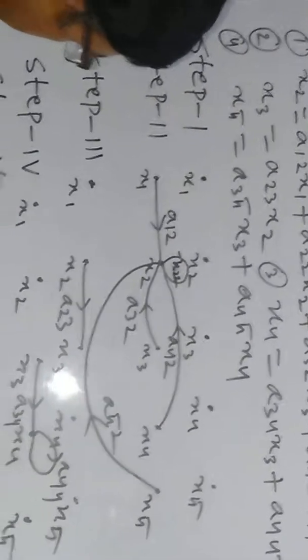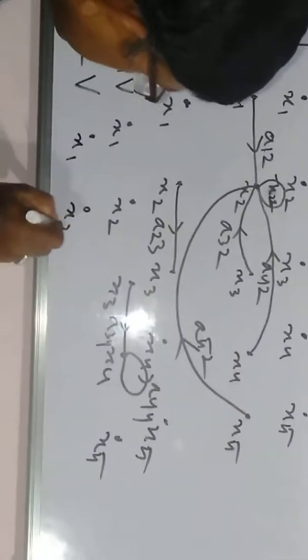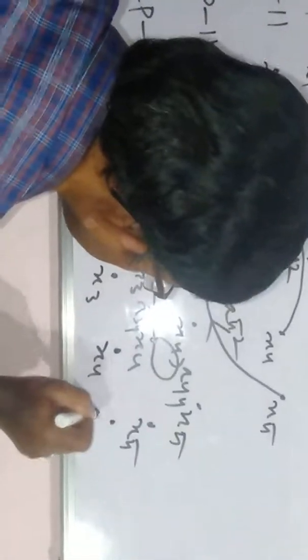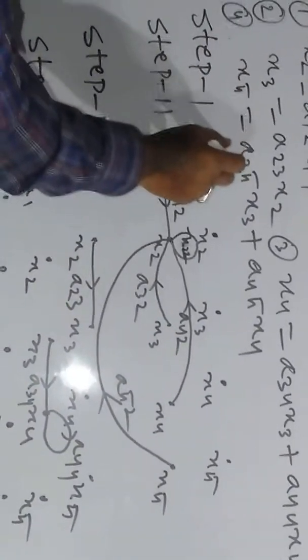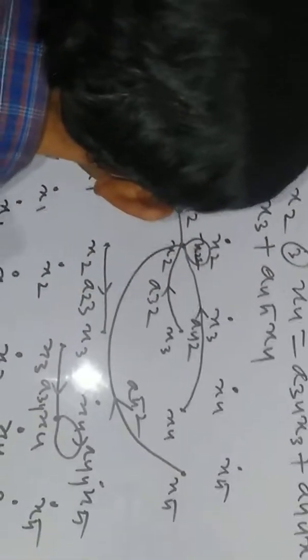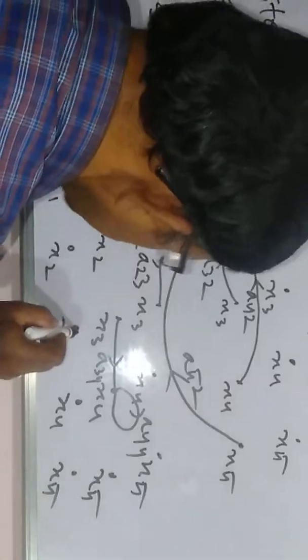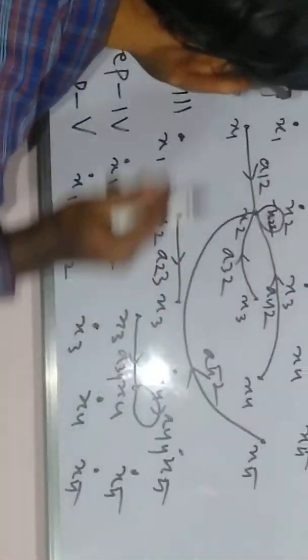So next, equation number 4, step 5. That is x1, x2, x3, x4, x5. So x5 is equal to a35 x3. It means it will start from node 3 and end at node 5.